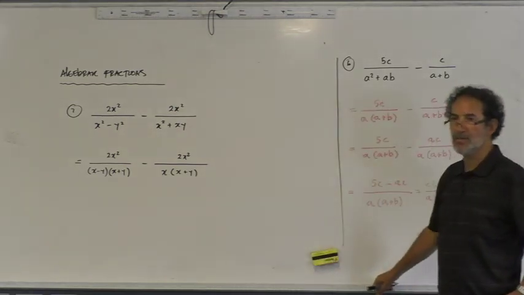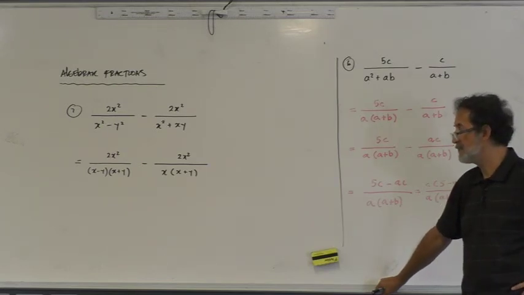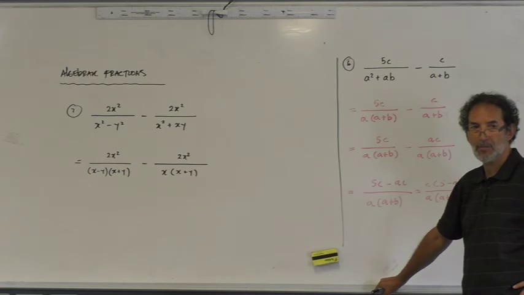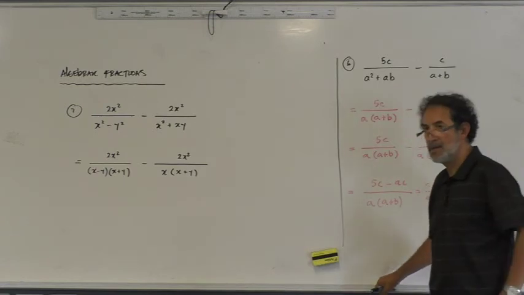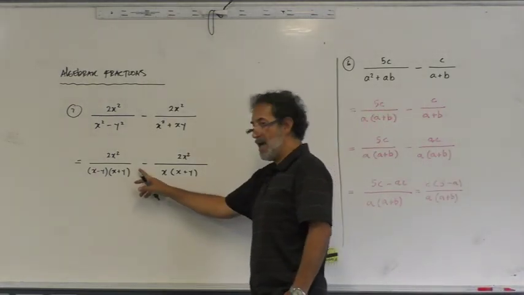Okay, can anybody tell me what we need to do? Do we need to multiply the second fraction by negative y? Okay, so he's thinking. I'm just saying, the second fraction by x minus y and the first fraction by x.